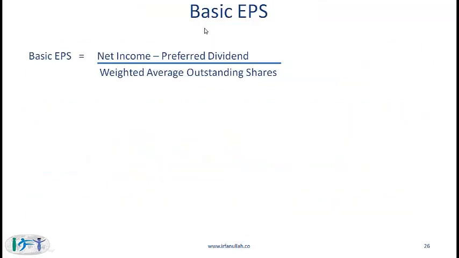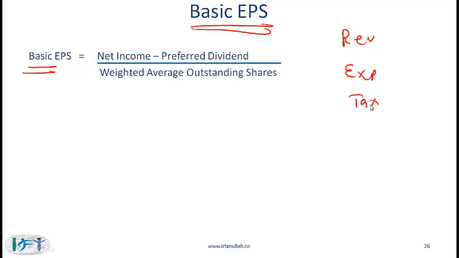Back to the formula for EPS. We will first look at a concept called basic EPS, and later we will look at diluted EPS. Basic EPS is equal to net income minus preferred dividend divided by the weighted average outstanding shares. The net income, as we have seen earlier, is the revenue minus all expenses, and this includes operating expenses, non-operating expenses such as interest.